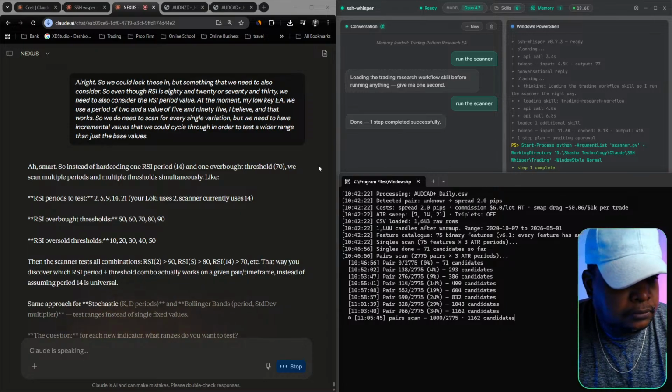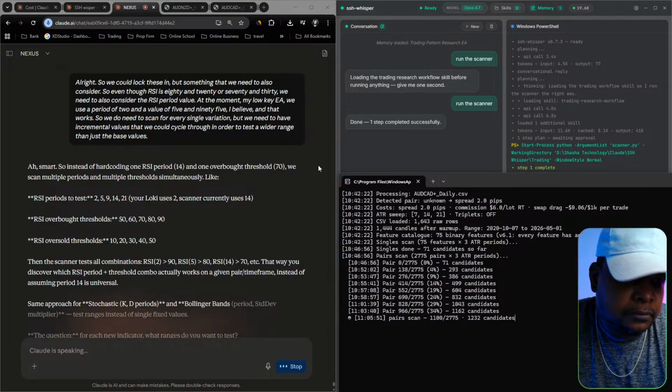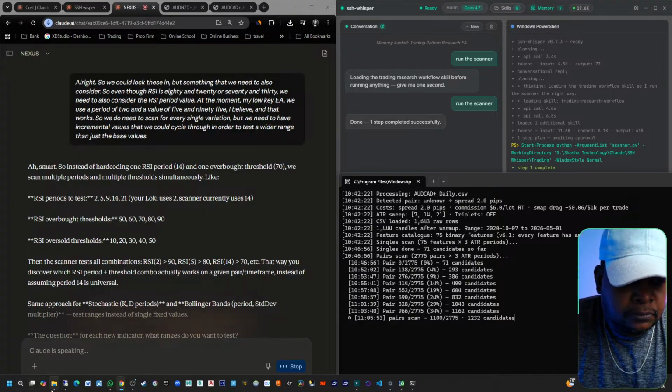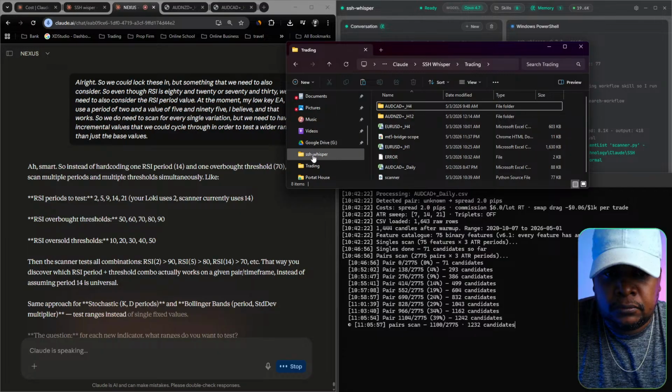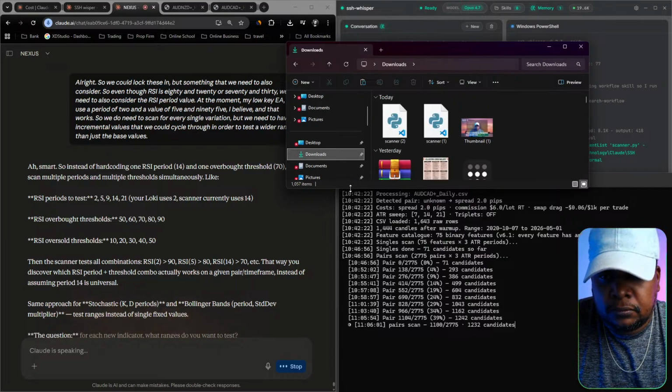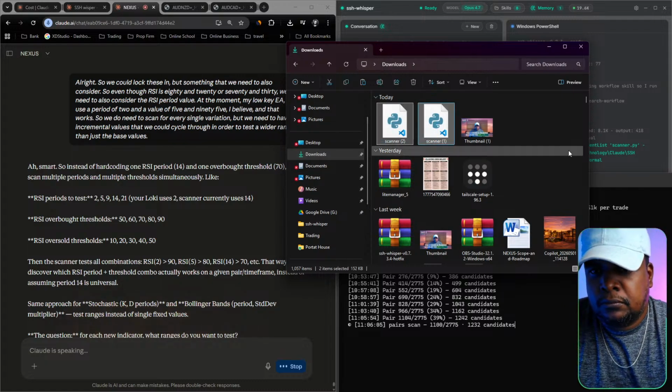Same approach for stochastic K and D periods and Bollinger Bands period and standard deviation multiplier. Test ranges instead of single fixed values. The question is, for each new indicator, what ranges do you want to test?